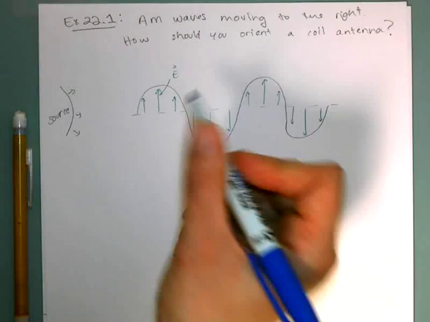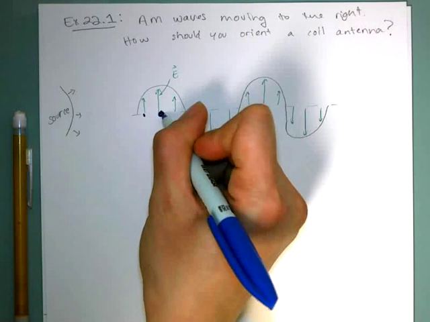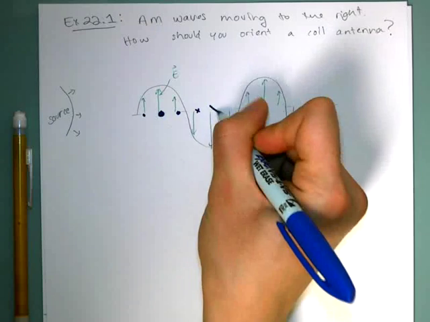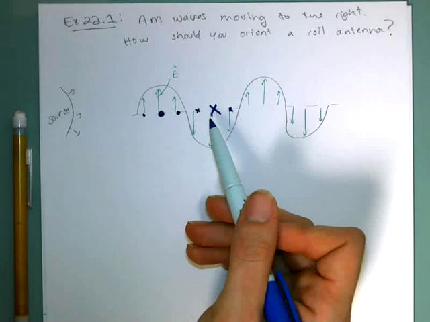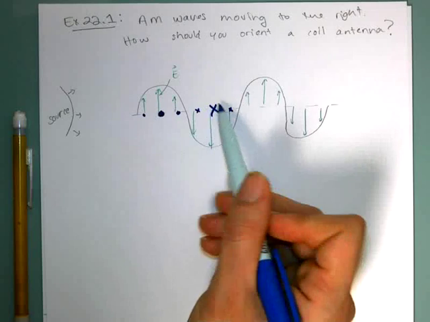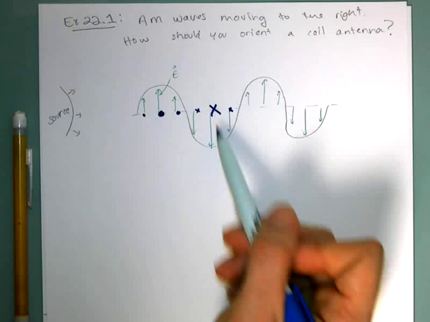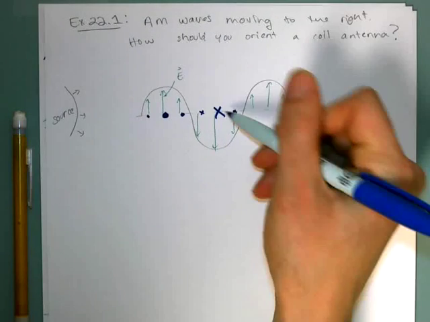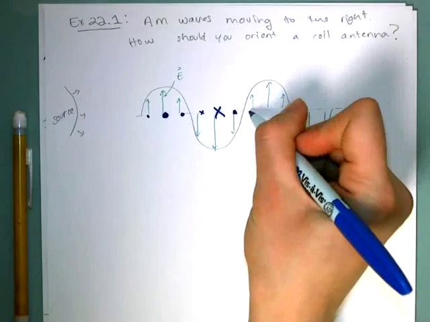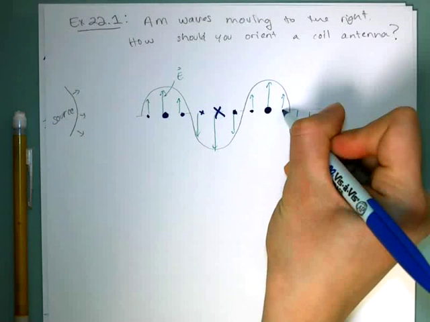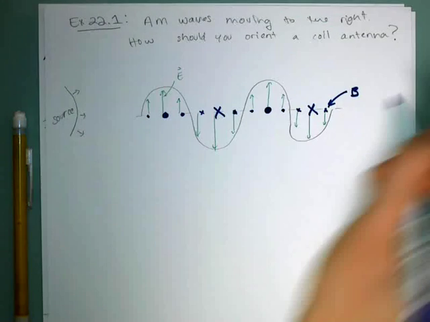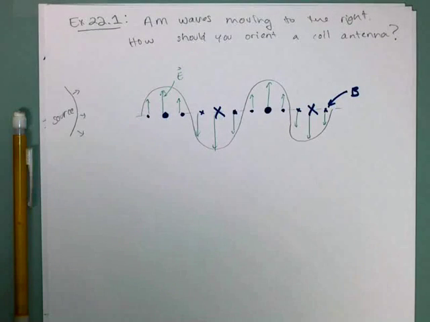I certainly don't expect you to memorize exactly how they're perpendicular to each other. So I'll just tell you that this is going to be out of the page here and into the page here. I'll try to draw my X's so they have some magnitude information, where the field strength is strongest in the middle, where the amplitude, or the departure from the equilibrium, is the biggest. So big in the middle, small at the ends. And that'll be my magnetic field.